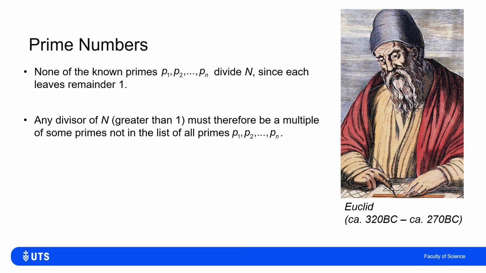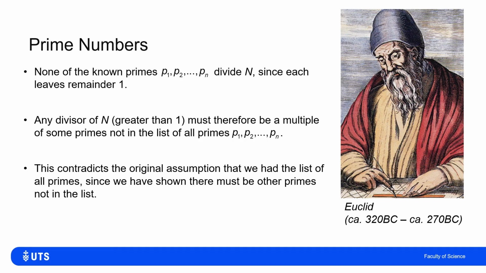So if it's not divisible by any of the prime numbers, its set of divisors must be multiples of other primes. But the problem here is there are no other primes. I assumed that P1 up to Pn was all of the primes, and now I've shown that my new number N has to have factors which divide it, possibly just itself and 1, possibly other factors, but it has to have values which divide it, which are not multiples of the primes, so must be multiples of other primes.